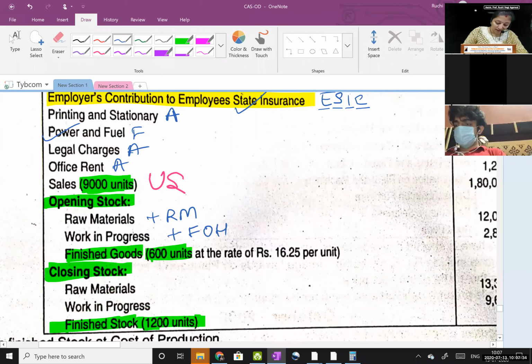Opening stock of finished goods, add to cost of production. Closing stock of raw material, less from the raw material formula. Closing stock of WIP, less from factory overheads. Closing stock of finished goods, less from cost of production. Okay?